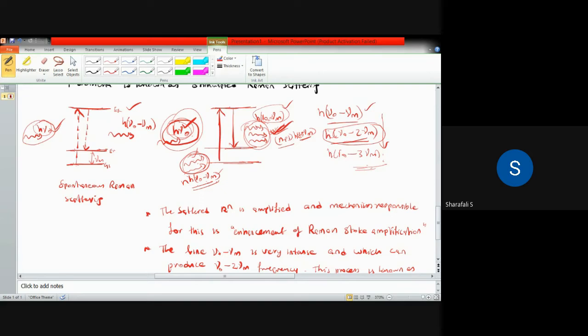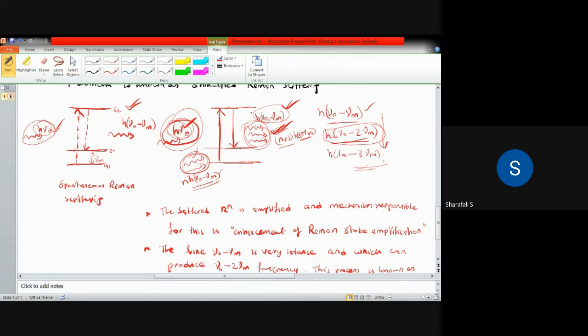Along with that, the h nu 0 minus nu m also will be much more intense and produce lines like h nu 0 minus 2 nu m and so on. And this gets very high intensity because of stimulated emission. As you can see from the laser principle, you have stimulated emission of radiation. Like that, you will have a very high intensity pulse or radiation with the energy of h nu 0 minus nu m. Unlike in the normal case, where the intensity will be less.